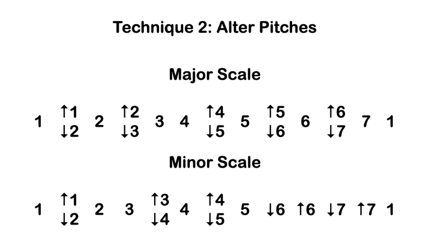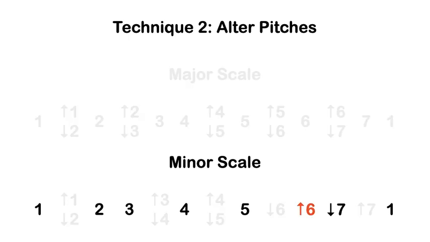I typically think of those scales as being major or minor scales in which I've altered one or more scale degrees. So for example, if I were to take the 6th scale degree from the minor mode and raise it, I would end up with the Dorian mode. The Phrygian mode is a minor scale with the lowered 2nd scale degree.